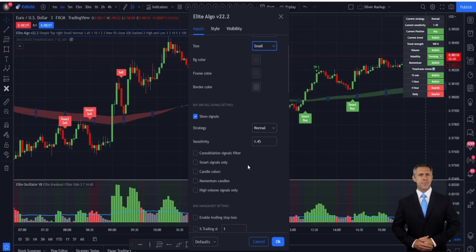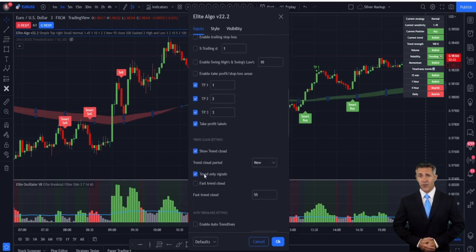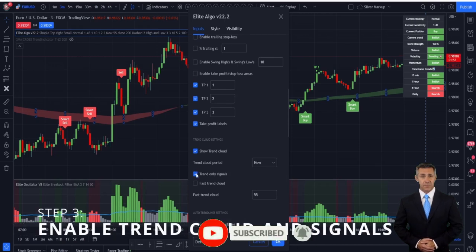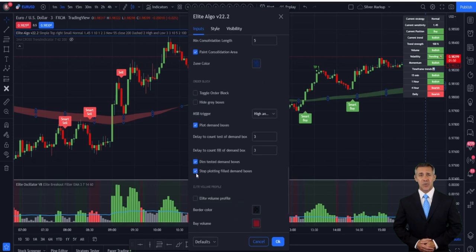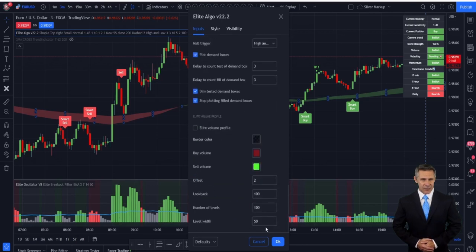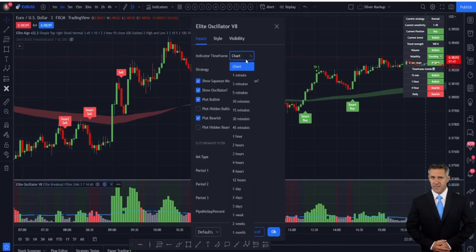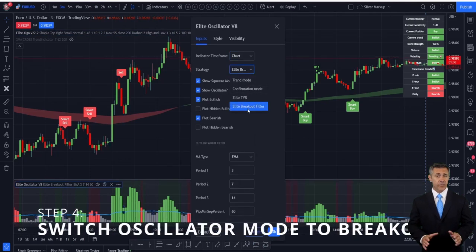The other thing that you can do is go into the elite algo, make sure your trend cloud is on, and then make sure your trend only signals is on. And then the only other thing you're going to do is you're going to go into the elite algo oscillator, and from there, make sure that you have it on elite breakout filter, and just use the default settings after that.